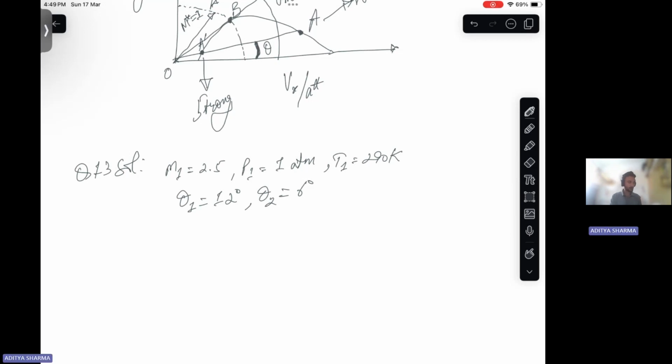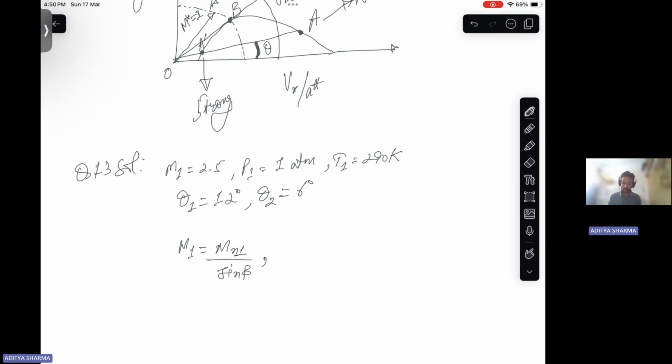So if you see a formula from our previous knowledge, it says that M1 equals Mn1 by sine beta, right?